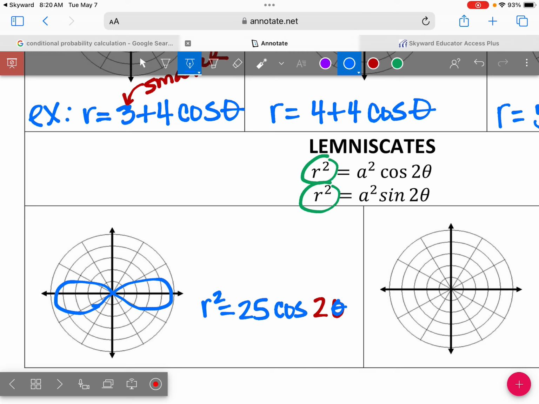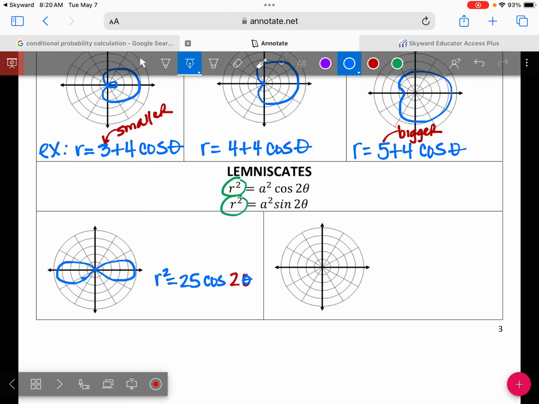Then it'll be on the horizontal. But if you want it on your project to not be horizontal, if you want it to be slanted, then you just need to change it to a sine. Because if you change it to a sine, then it becomes slanted.